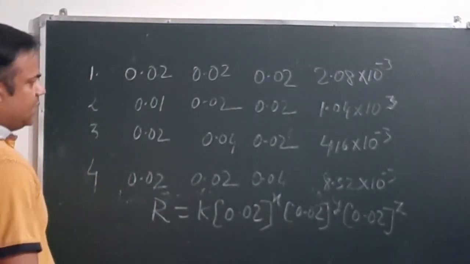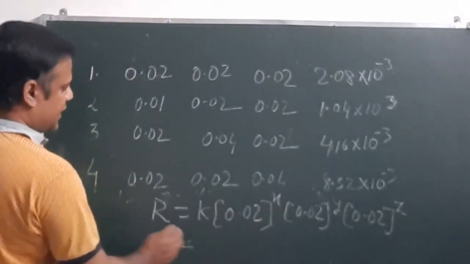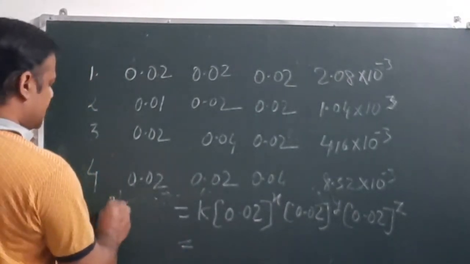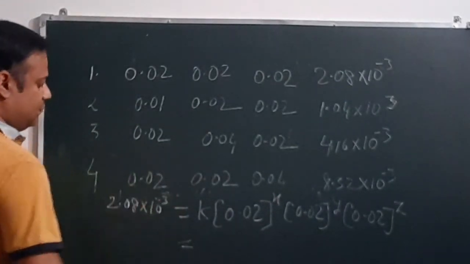For the second, we are using the third experimental data, and the rate given in the first case is 2.08 into 10 to the power minus 3.